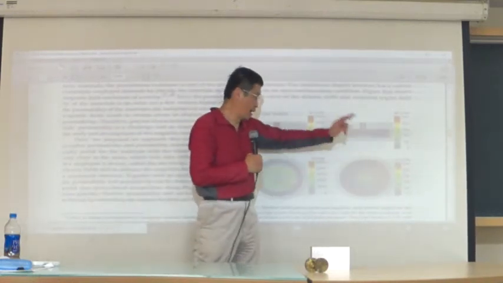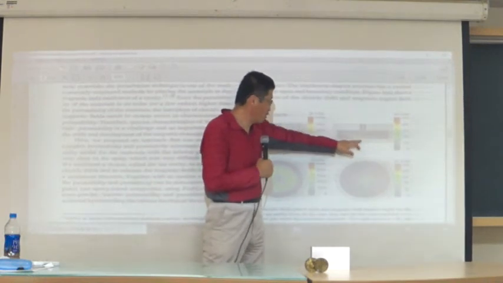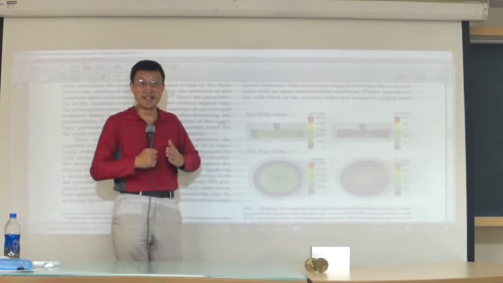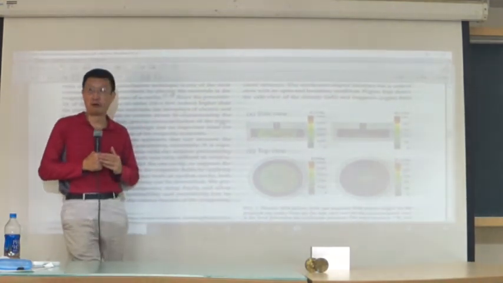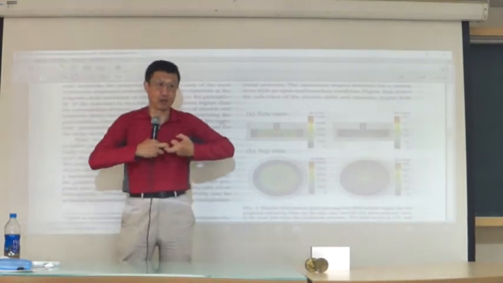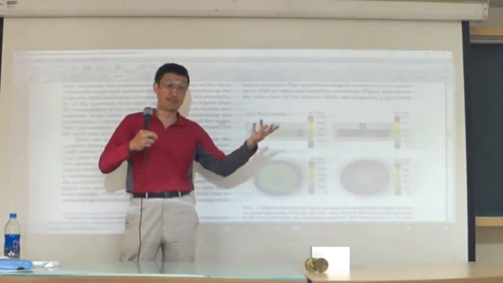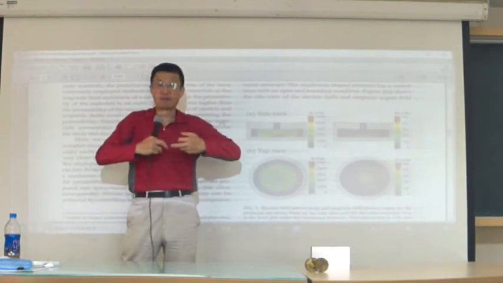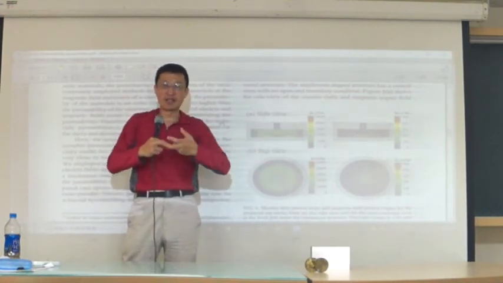I'm sorry, it's very small. Here, just magnetic field, no E field. So we can separate the E field and B field. We always know the E field and B field are coupled together because of Faraday's law and Ampere's law with Maxwell correction.